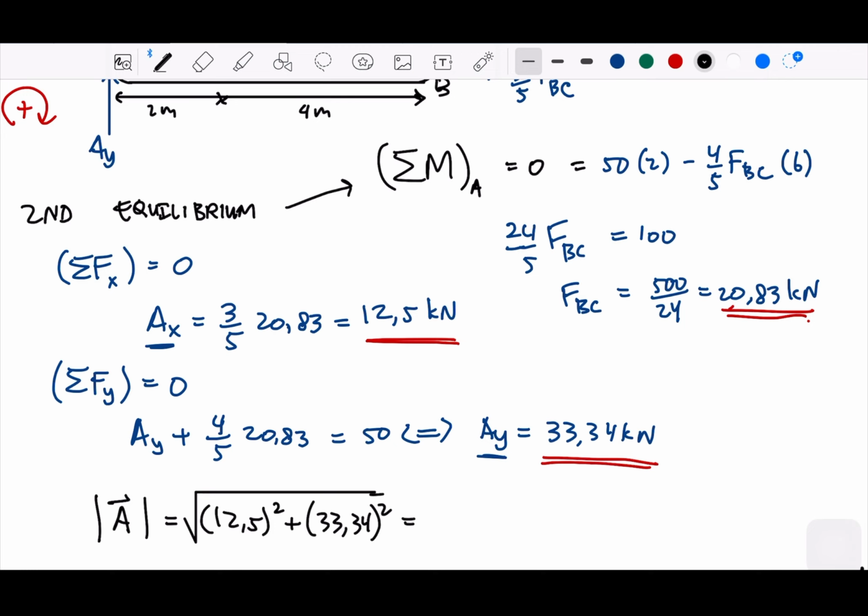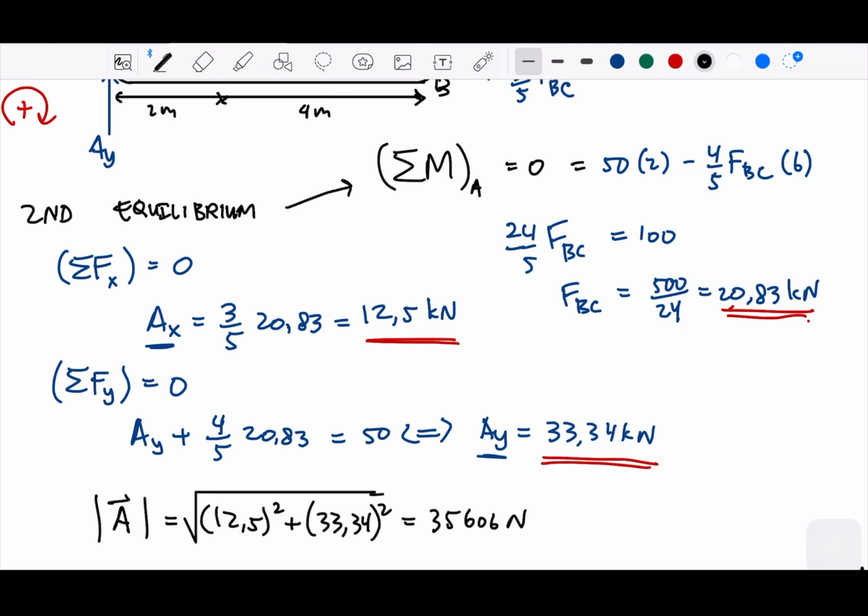And you can also check with your calculator. This is around 35,000 Newton. So this is force at A. We can also say this is the shear force at A. This is the one that we need to define and use to compute the stress.